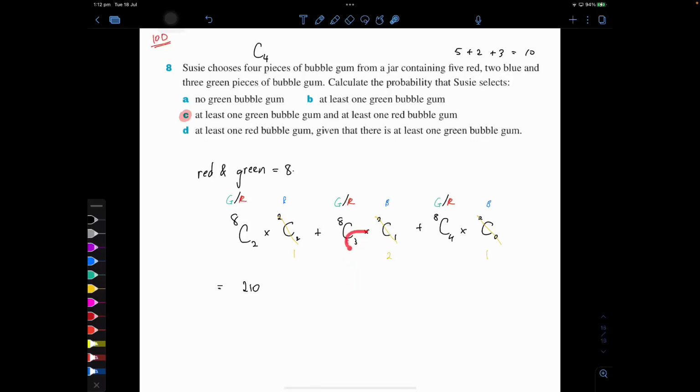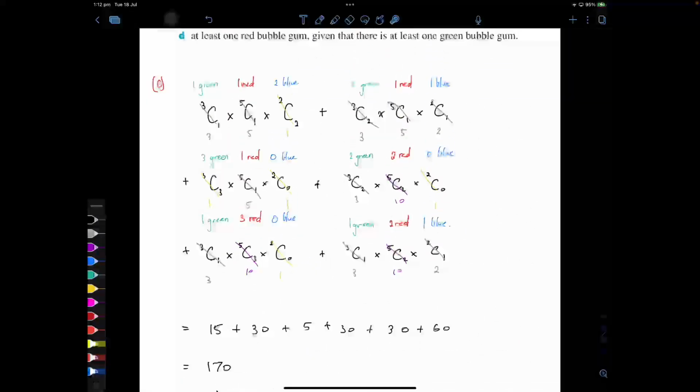That's the problem. You would actually have to split it and break it down, choosing 3 greens and 0 reds, but it said you wanted at least 1 red as well. If you break it down further, it goes back to the same method you did before.